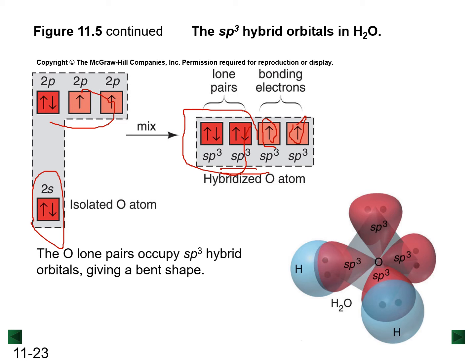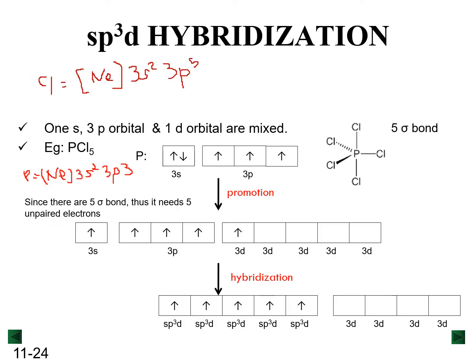Okay, as we can see here, the 2 sp3 hybrid orbitals will overlap with 2 1s orbitals of hydrogen, forming 2 covalent bonds, and we can see here there are 2 lone pairs, and the shape for this molecule is bent shape. Okay, here is an example of sp3d hybridization for PCl5.